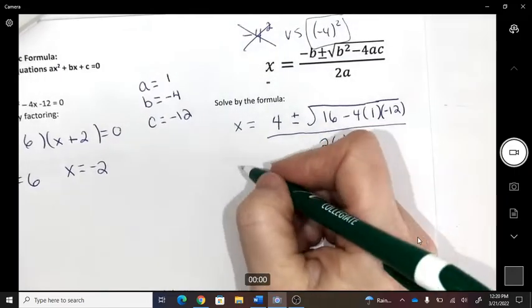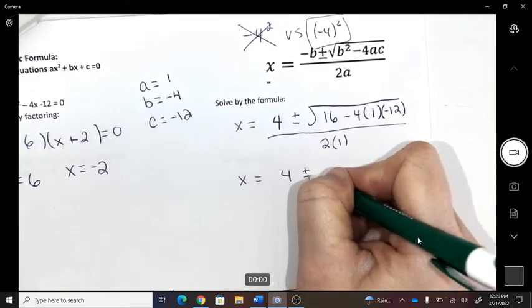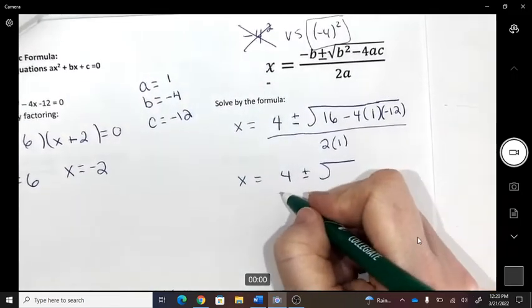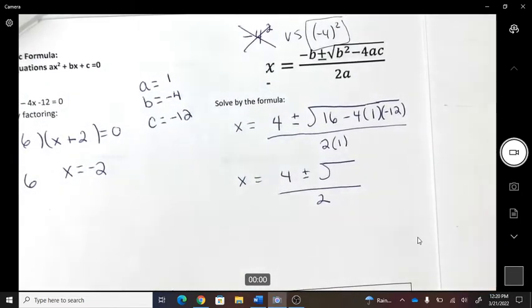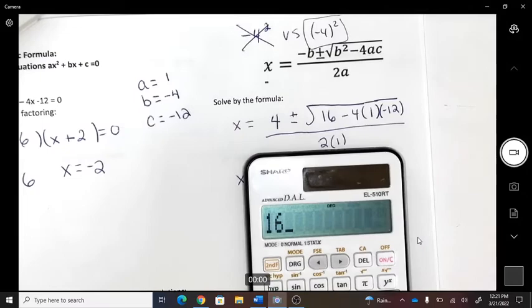Okay, now I'm going to go 4 plus or minus the square root of something divided by 2. So I got to get that number, and I'm just going to get my calculator out for that. Okay, so 16 subtract 4 times 1 times negative 12.